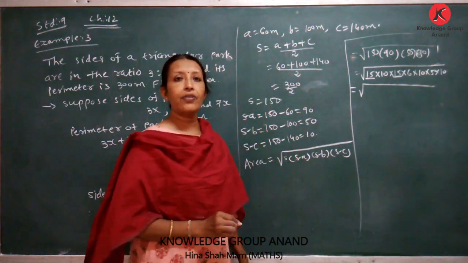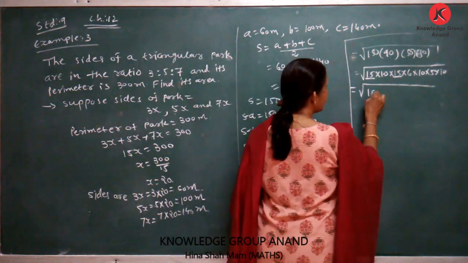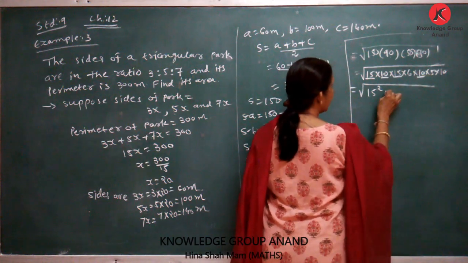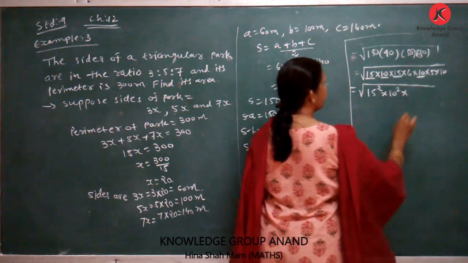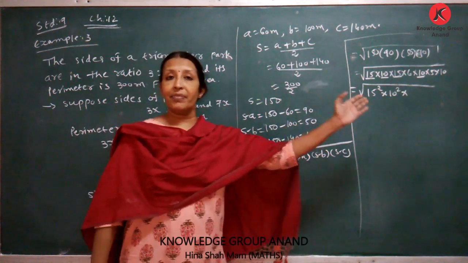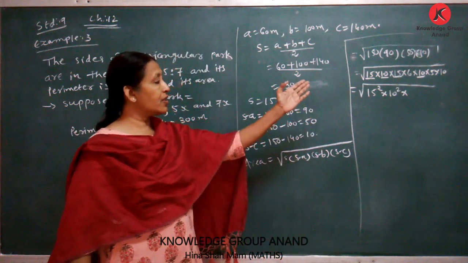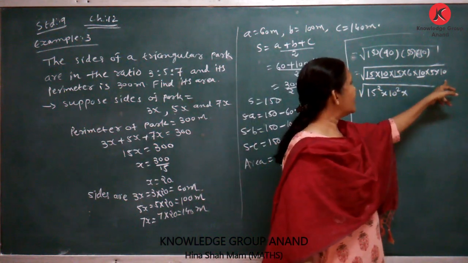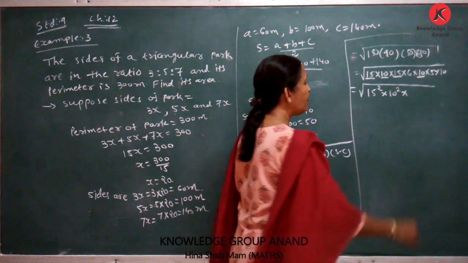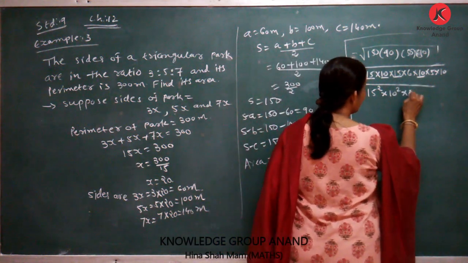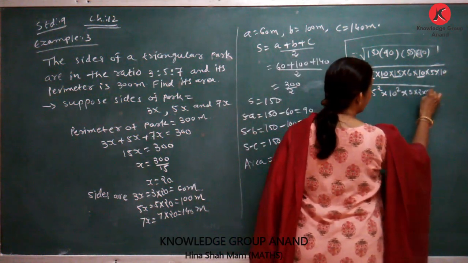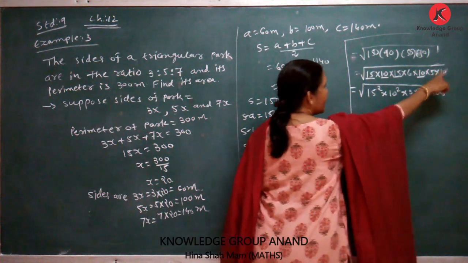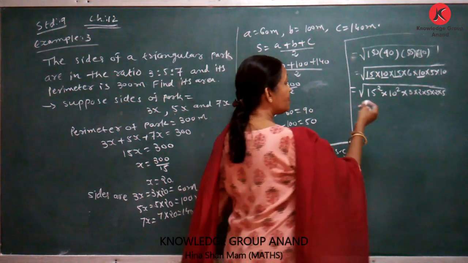Now it is the square of 15 square, 10 square. What is remaining? The product of these numbers. 6 5s are 30, and factors of 6, 3 2s are 6, and factors of 10, 5 2s are 10.